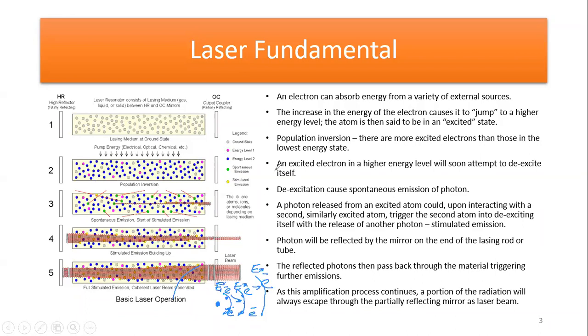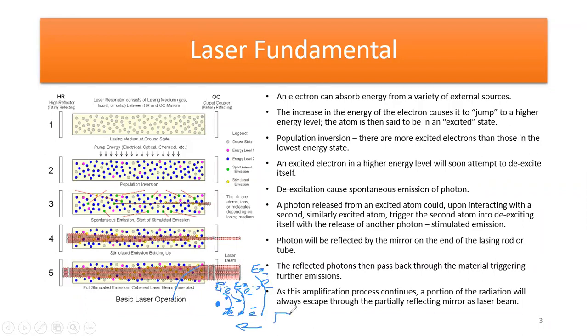Okay, and then what happens is that excited electrons at a higher energy level will soon attempt to de-excite themselves. Like any unstable material, it tries to go back to its stable conditions. So the electrons that jumped to a higher band will try to go back to the lower band, to the stable conditions. So at this particular point, this electron is at E3, right?